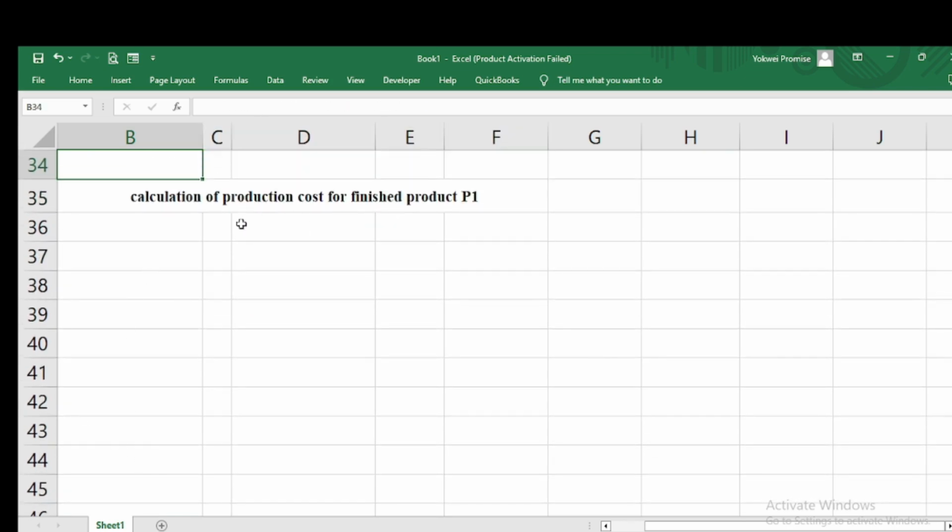Alright, calculation of production cost for finished product P1. Right, we'll start with a stock valuation.